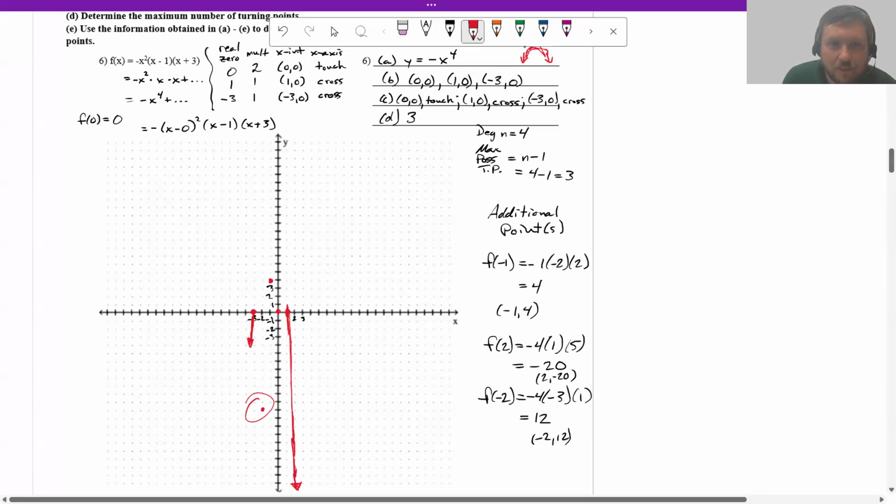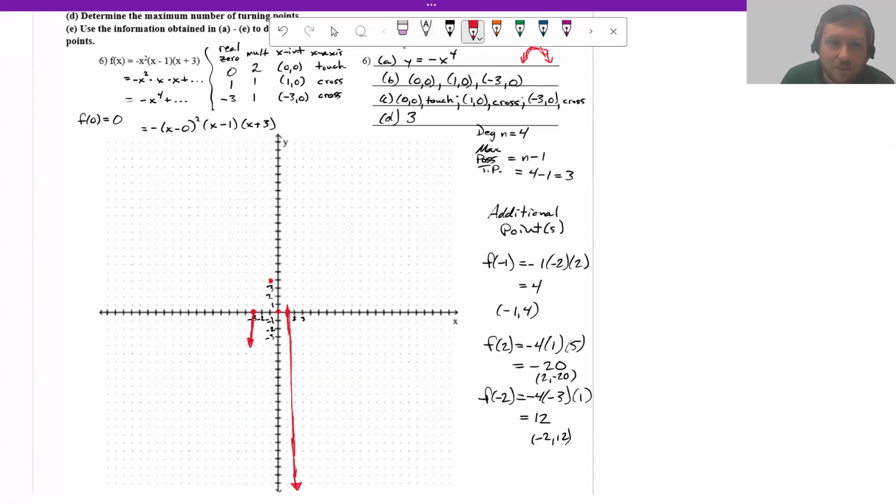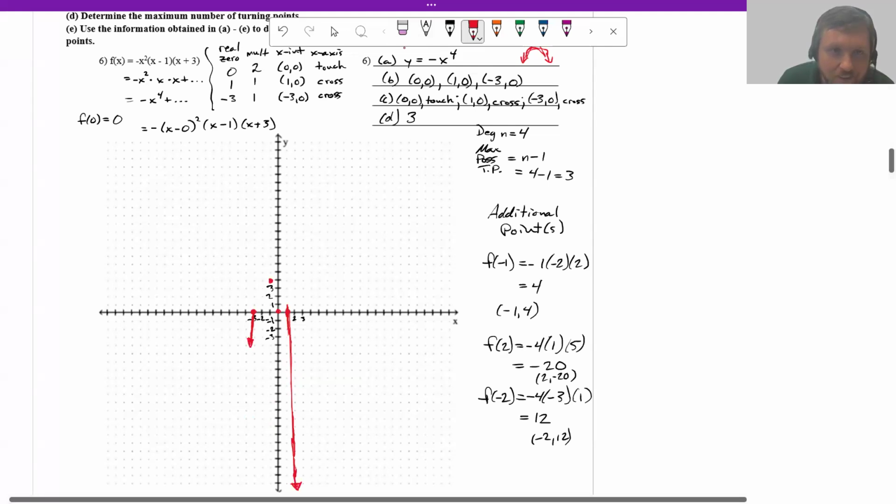No, I think I did that right. Oh, I drew it in the wrong spot. I said +12 and I drew a -12. Well, that's on me. 4, 5, 6, 7, 8, 9. Sorry about that.